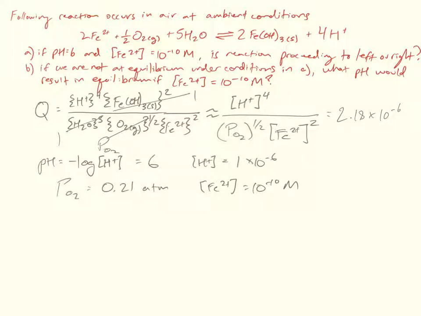So now we have Q. Now we're going to need to calculate what K is in order to compare Q to K. So we can look at what is our recipe for finding K.